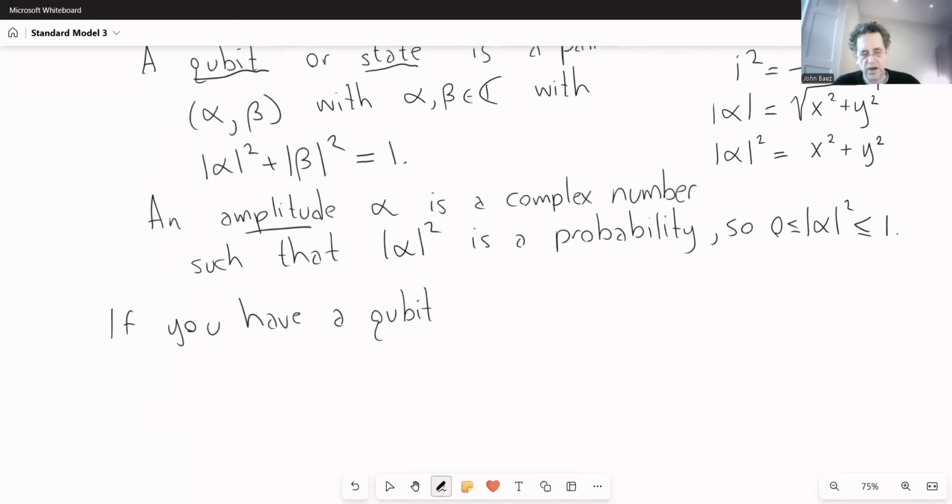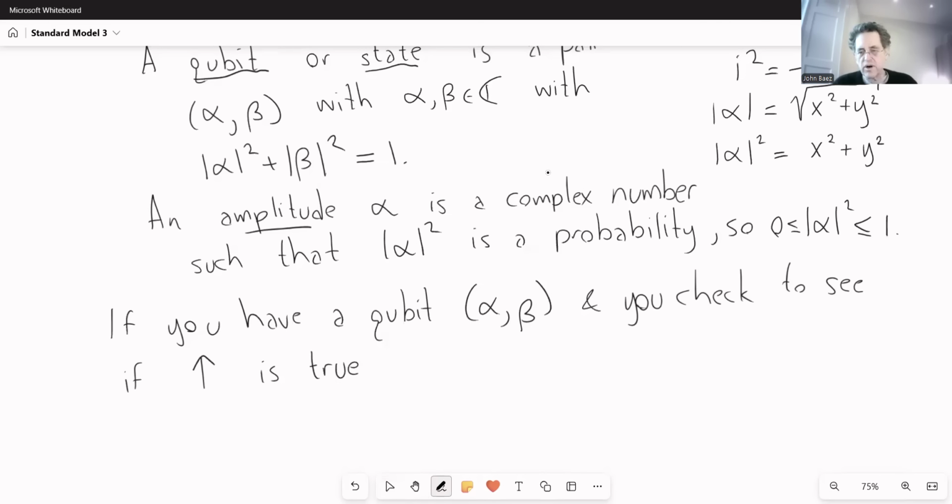So if you have a qubit, and let's pick one, we're talking about alpha beta, and you check to see if the alternative up is true. Remember, we're discussing a binary alternative where a system is either up or down.